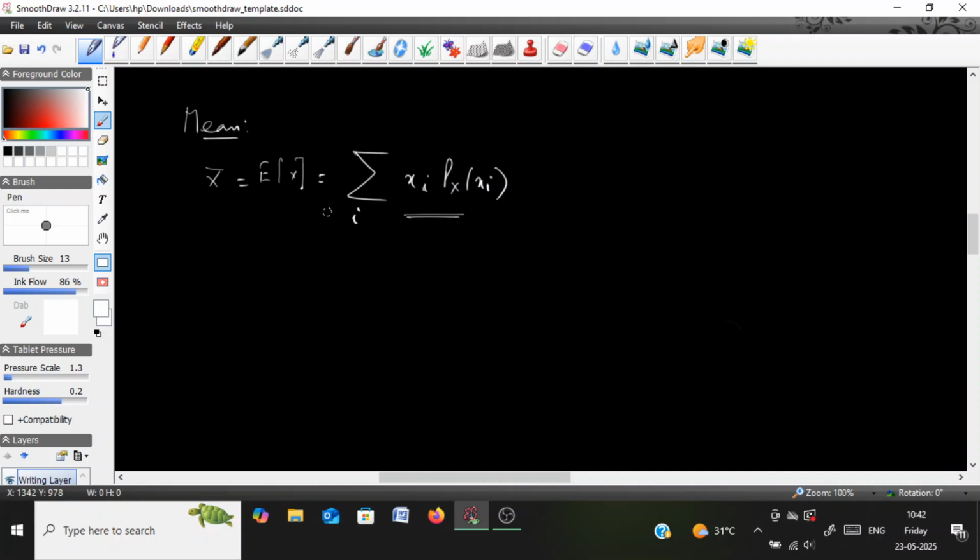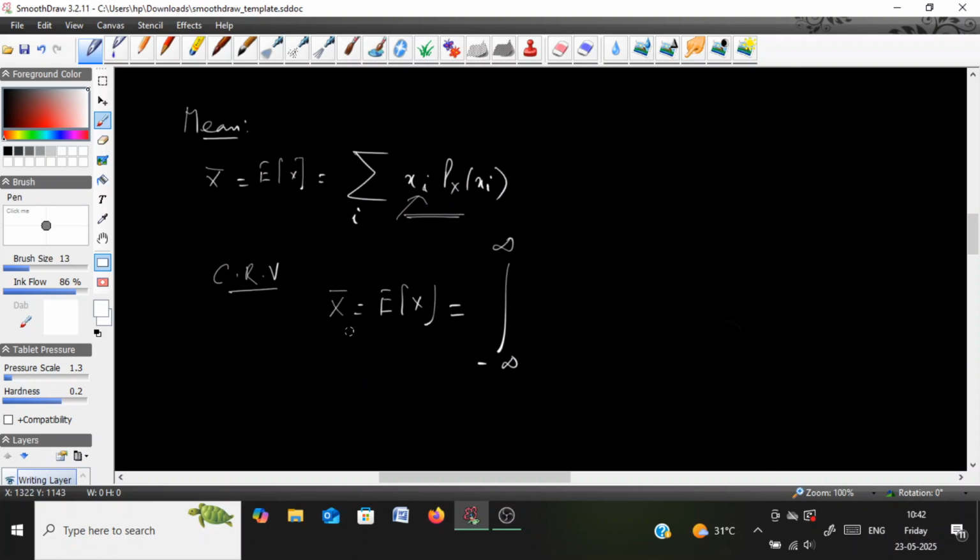And likewise, if the random variable is continuous, then for the mean of a continuous random variable, instead of summation, you will have integration, and of course these probabilities are no more discrete.